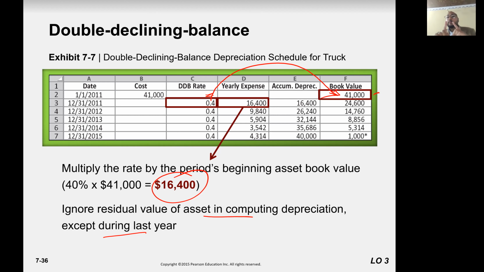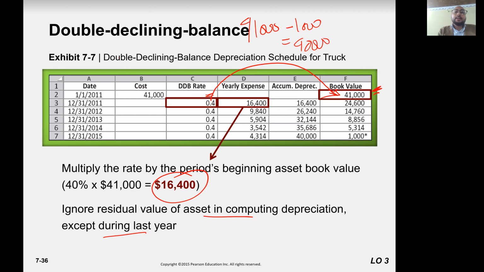Remember this one. The difference between straight line, unit of production, and DDM, double declining method, is that the double declining method uses book value for depreciation, while the unit of production method, UOP, or straight line method, use the depreciable value, which is cost price minus salvage value, which is 40,000.